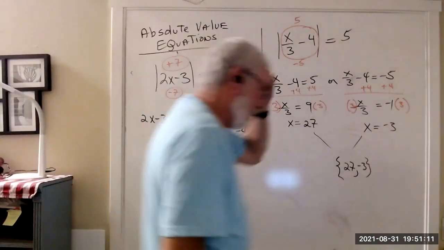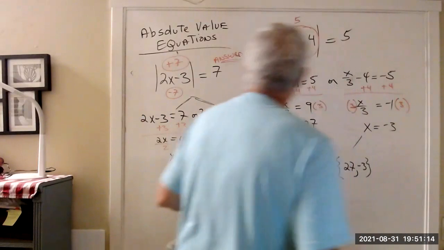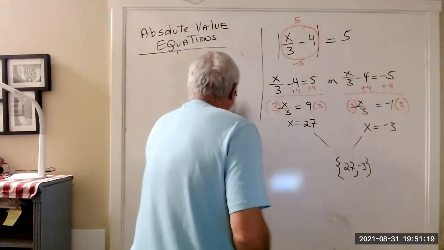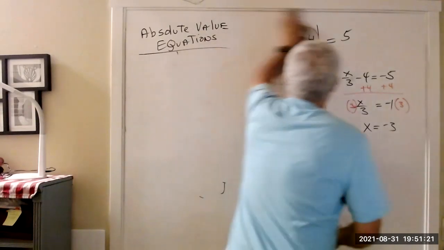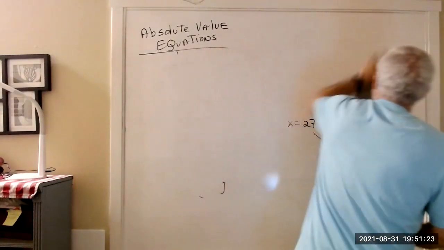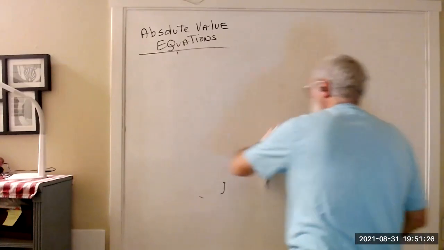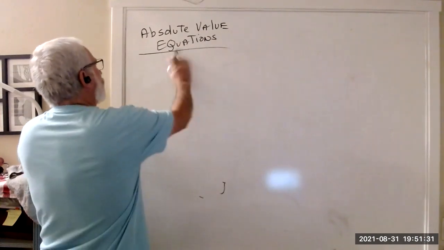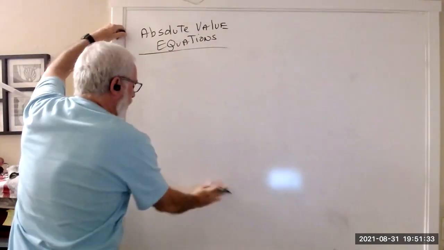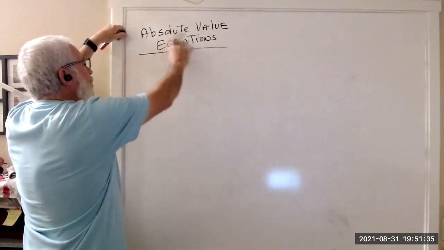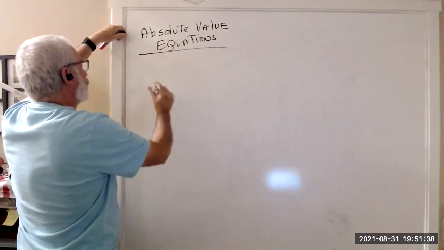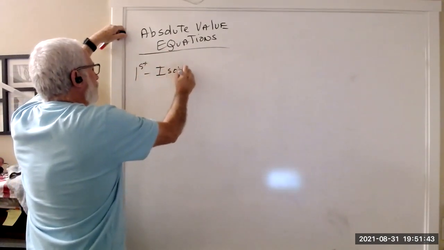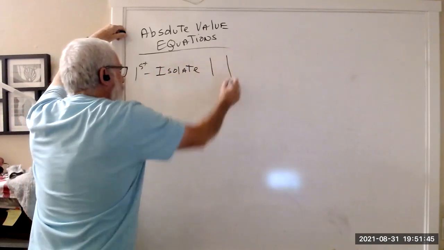Okay, well, I got to give you some rules now. I've just shown you some examples. Now we got to talk about some rules. When you're solving absolute value equations, first you must isolate the absolute value.